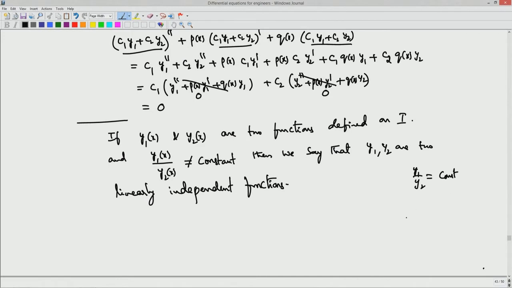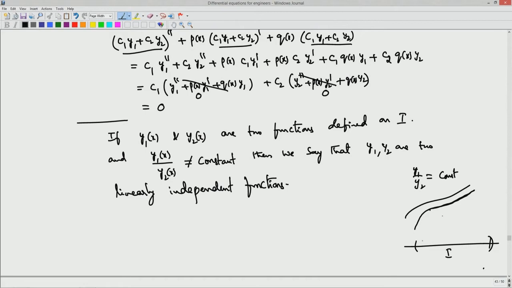That means you take two functions like this, y1 is this, y2 is this. If they are exactly parallel, wherever defined over I, they are linearly dependent. If they are not parallel, say like this and then it goes parallel, still they are linearly independent, because y1 by y2 is not a constant. Here it is constant up to here, but from here to here it is varying.